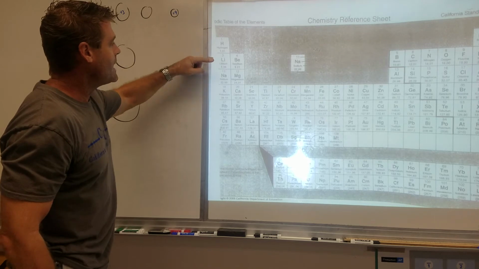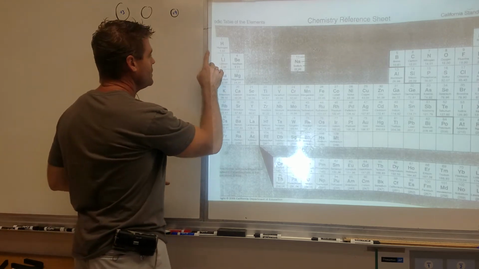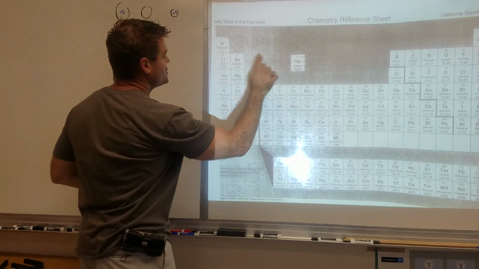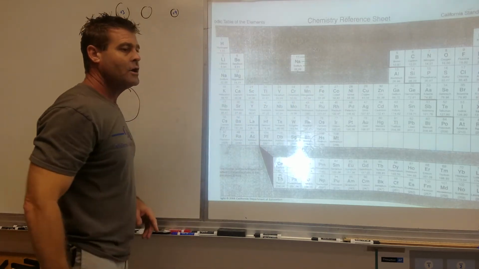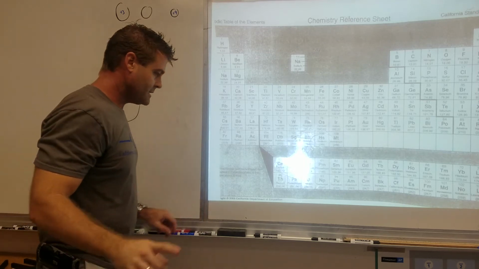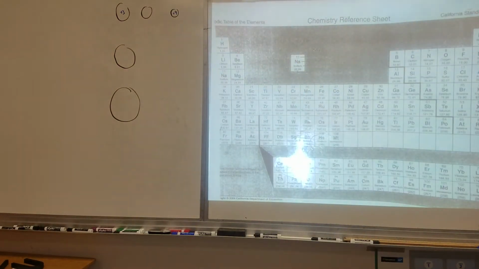You think about when you go down, I'll remind you guys, each period corresponds to a shell of electrons. So as you go down, you're having more and more shells of electrons. Here, I want to do an example.